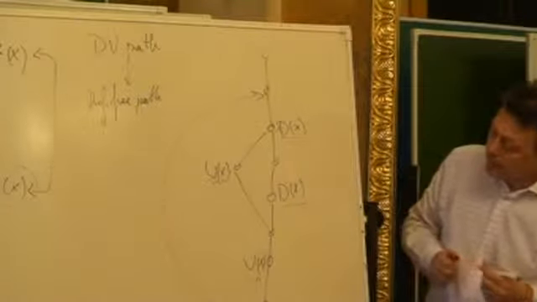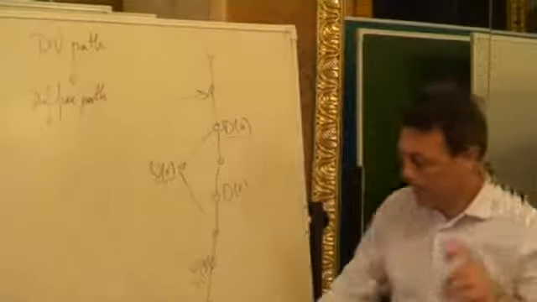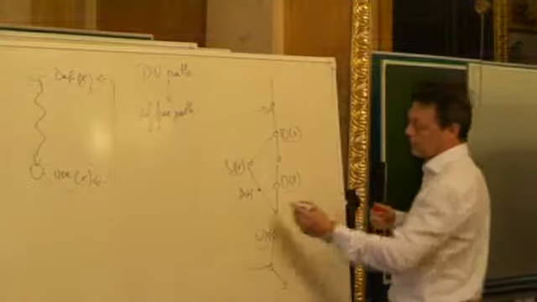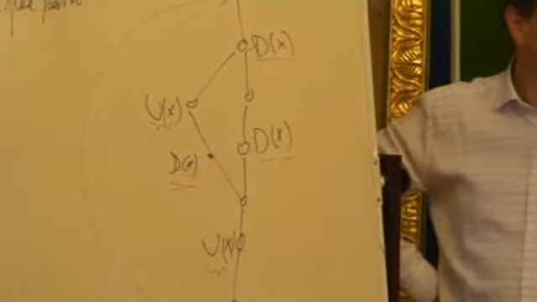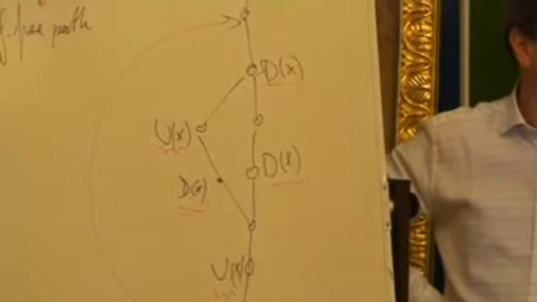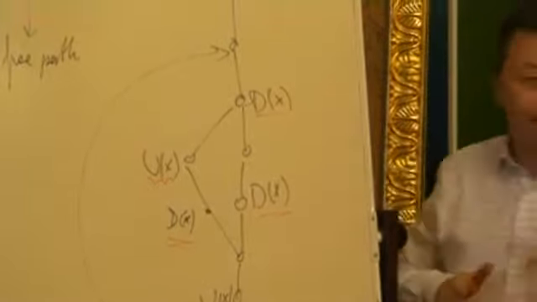Now, let me add one node here with another definition of x. How would I pair this definition? Can I pair this definition with this use? Why not? Because there is another definition in between.